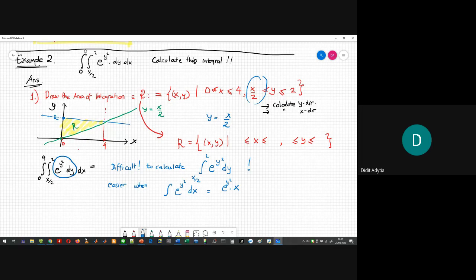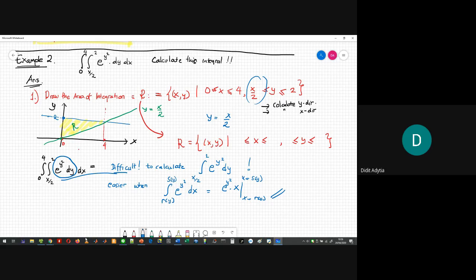Tapi ingat, ini adalah harus fungsi dari y. Jadi ini adalah x sama dengan r(y), and then this is x is s(y). Okay? Then this is quite difficult to solve it directly. Okay? Kenapa? Karena ini integralnya. Tetapi kalau kita rubah urutannya, ini integralnya jadi sangat mudah.